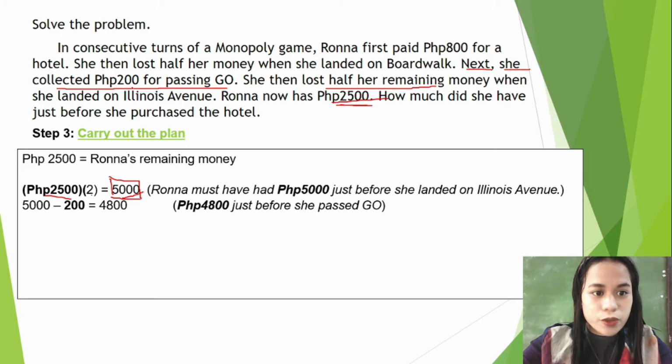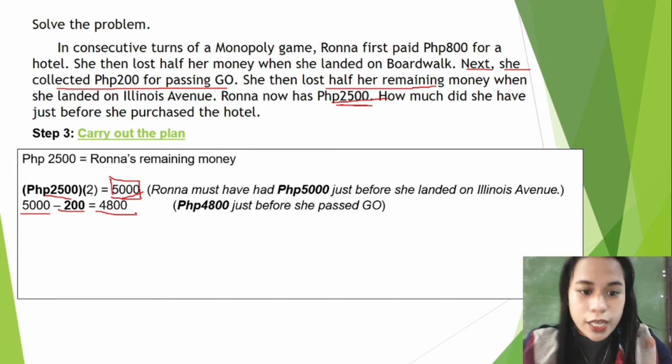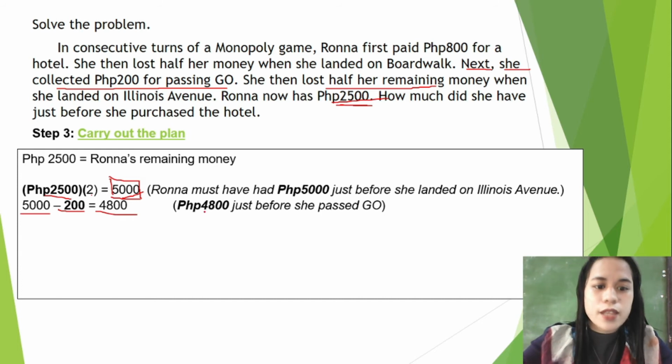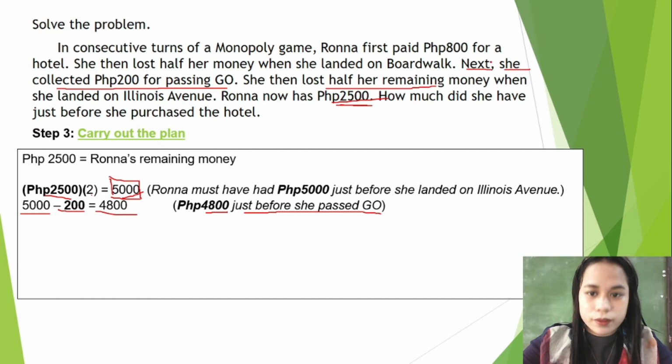So, since we add, in working backwards, we need to subtract 5,000 minus 200, the answer here is 4,800. Meaning, meron siyang 4,800 just before she passed Go, after she landed on Boardwalk.